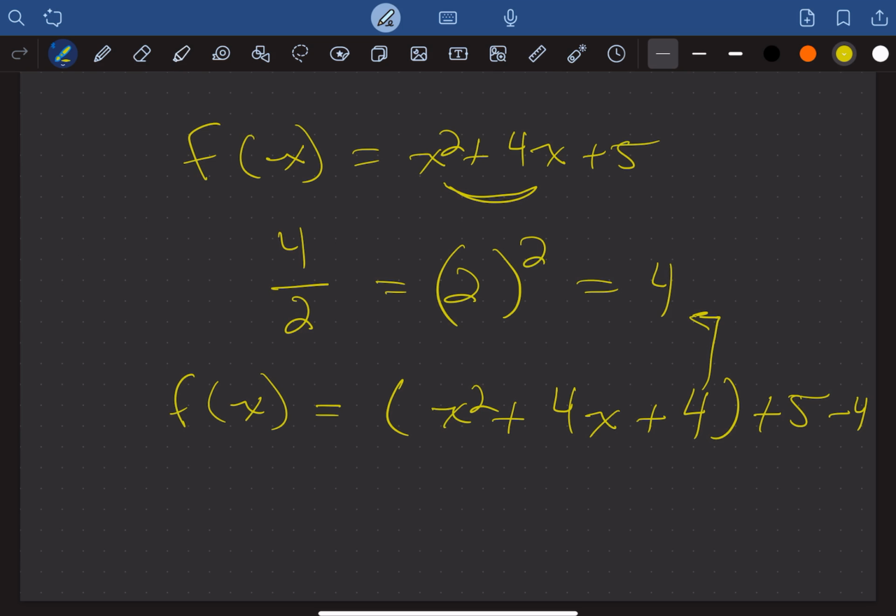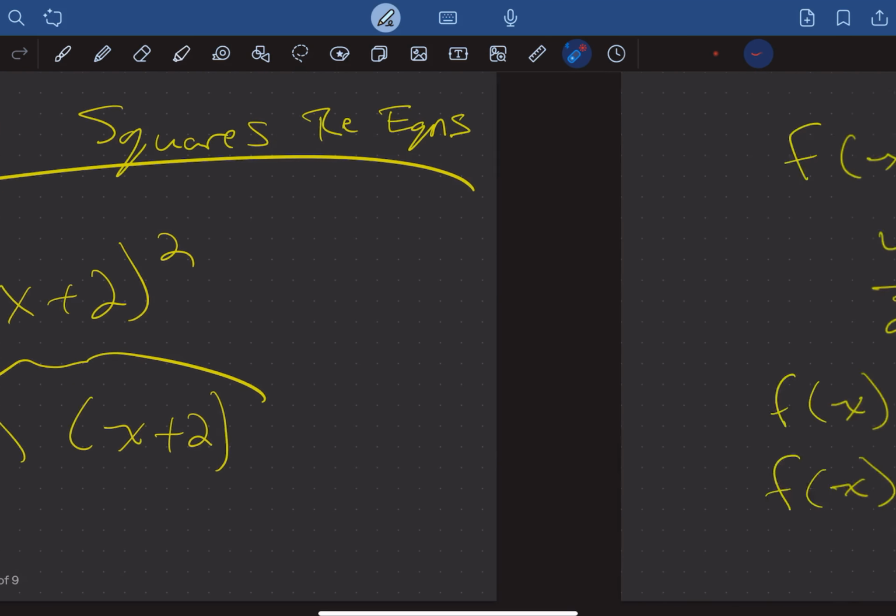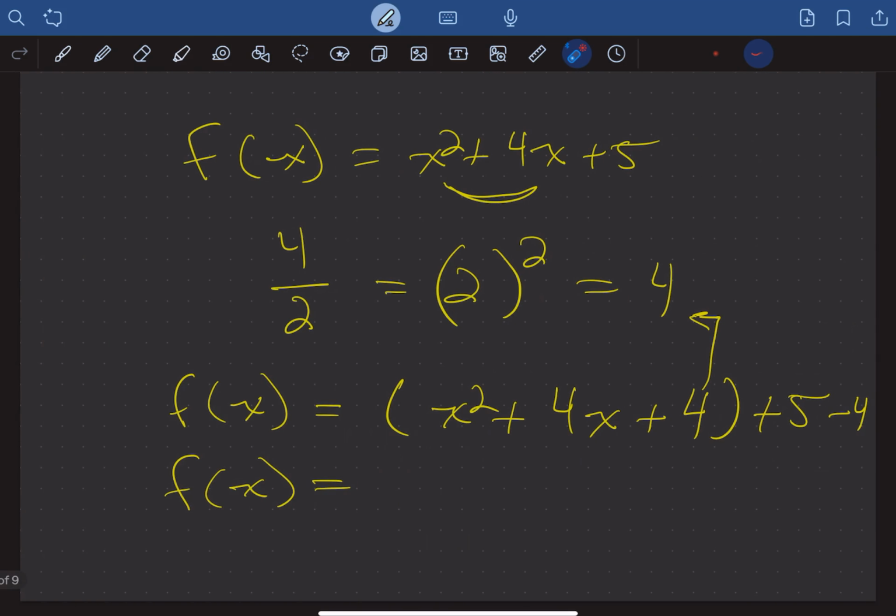And then what we do when we're completing the square is we factor this perfect square. So this is a perfect square. We talked for a moment about what it looks like, but what it actually is comes from that first term and the last term, the constant.